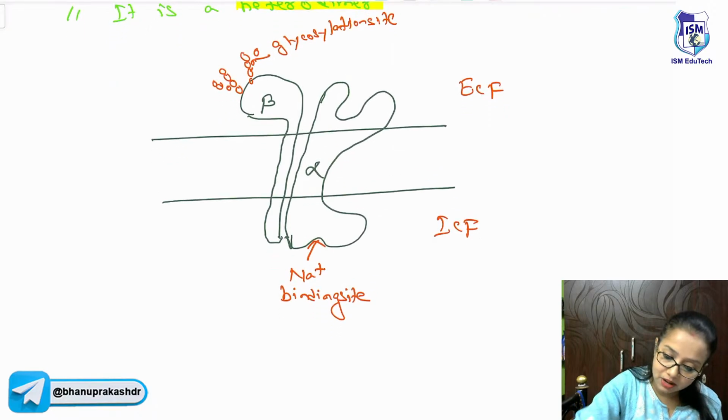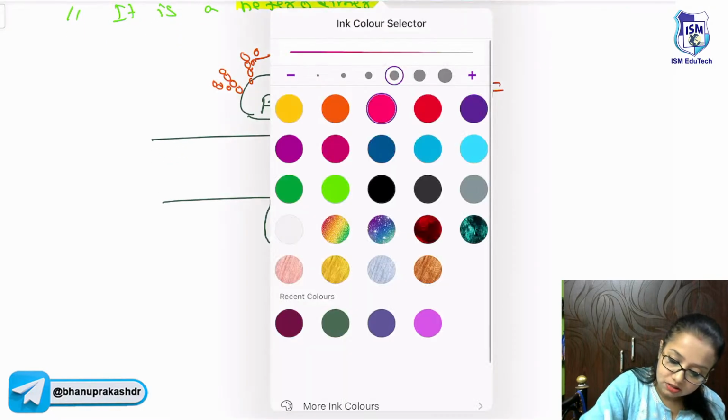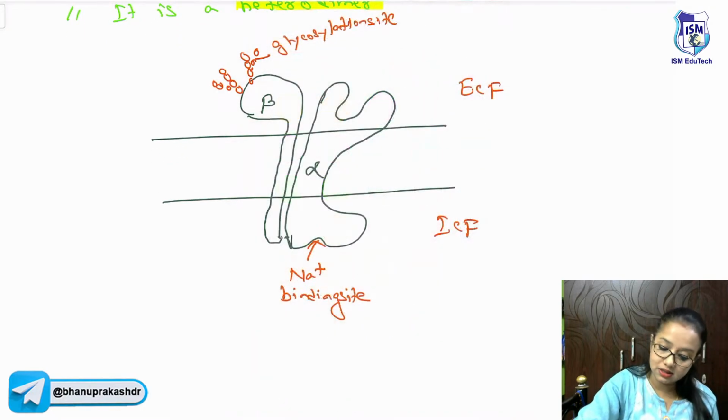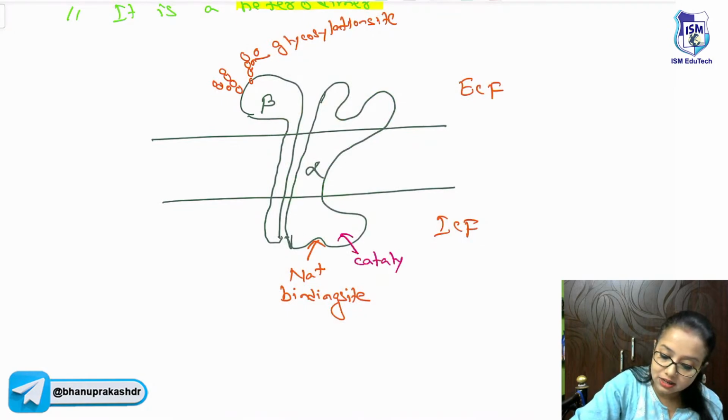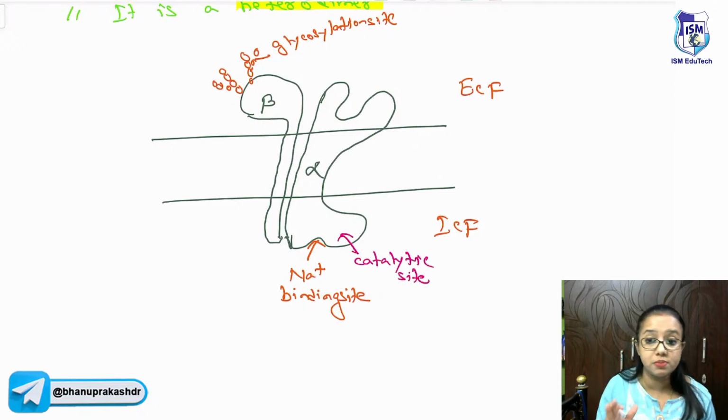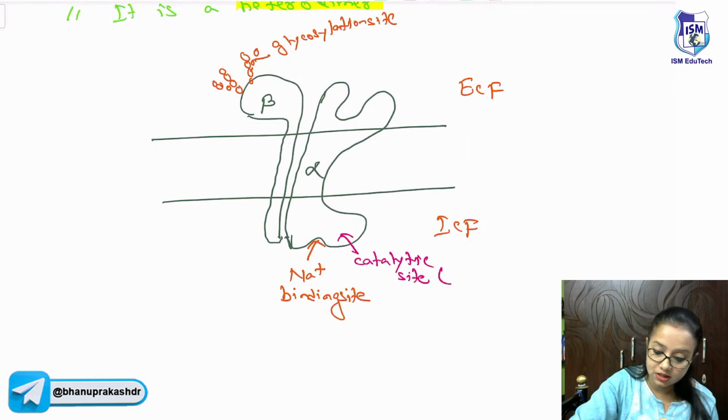Okay. Apart from sodium binding site, from towards the ICF, it also has got a catalytic site. Okay, catalytic site means it will break down the ATP, or we can say it is the ATP breaking site.